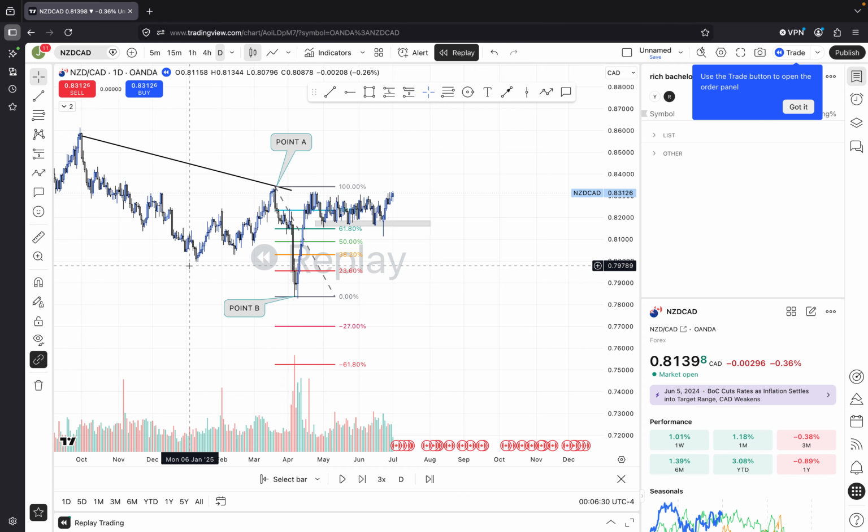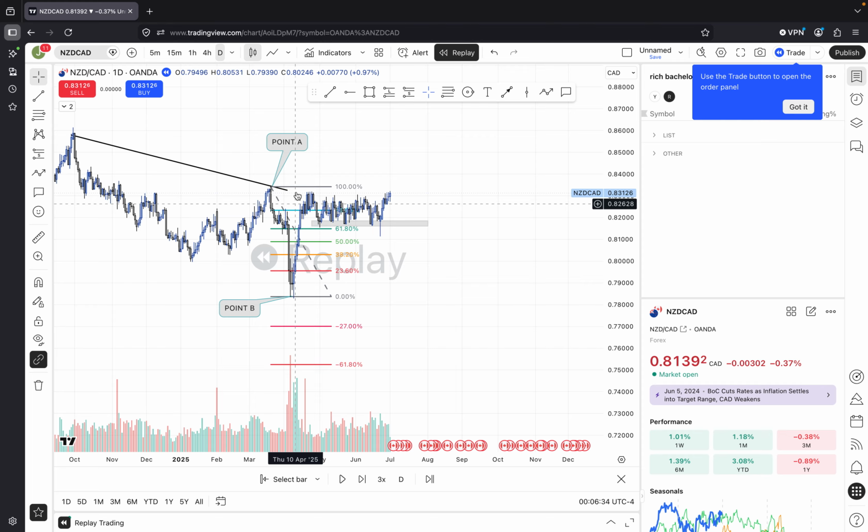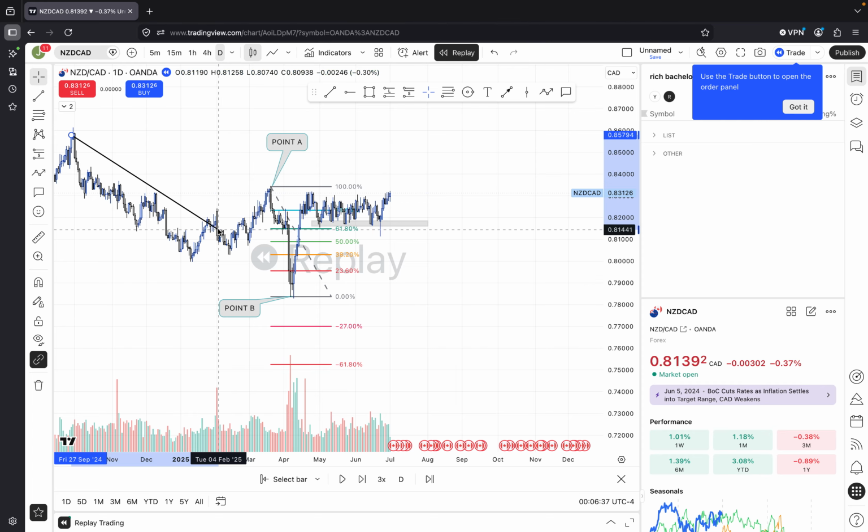Why is it an indication? Because if you remember, this was a downtrend until what happened? What is a downtrend? Lower highs, lower lows. What happened?